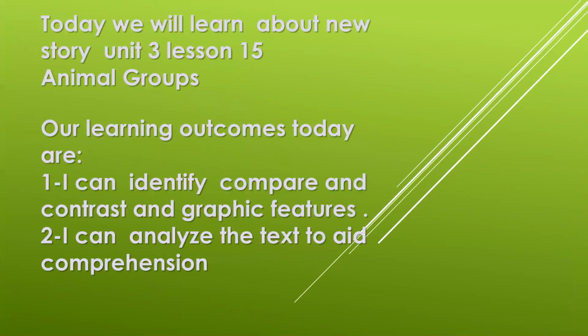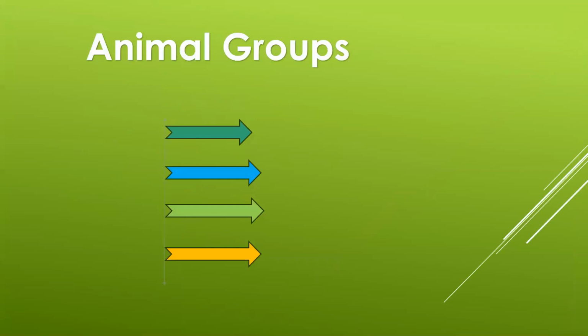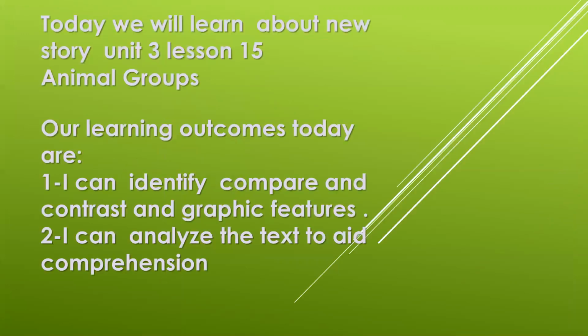Now let's read together our learning outcomes today. I can identify, compare and contrast and the graphic features. Number 2, I can analyze the text to aid comprehension. Back again.